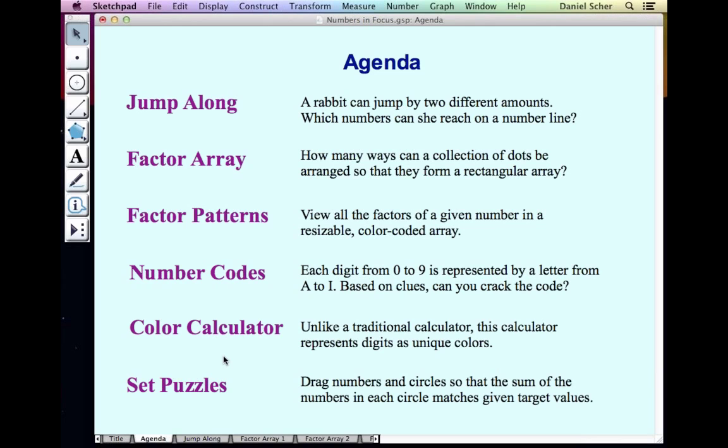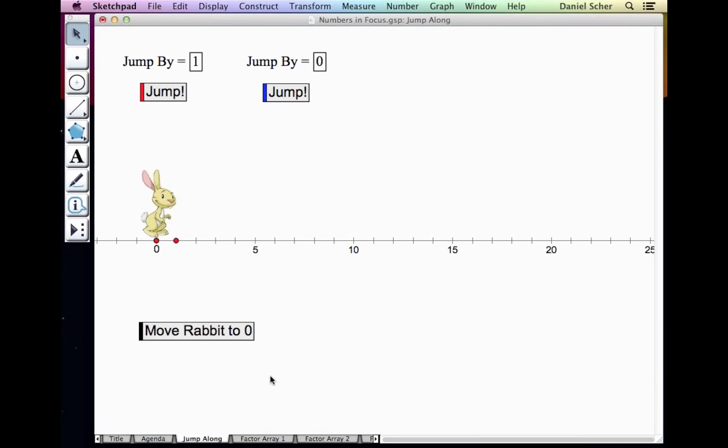So notice that the bunny takes jumps of 1 to go from 0 to 1 to 2 to 3 and 4 and so on. So one of the questions we might start asking students is, what are all the different places where this bunny can jump? And pretty soon the students looking at this say, oh, well, this bunny can jump to any value.